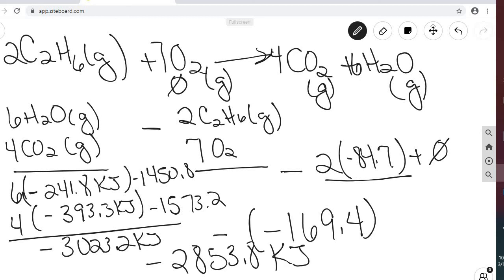So delta H is negative. So that is an exothermic reaction. Okay, so that is how we relate Hess's law to looking at the enthalpy within a chemical reaction.